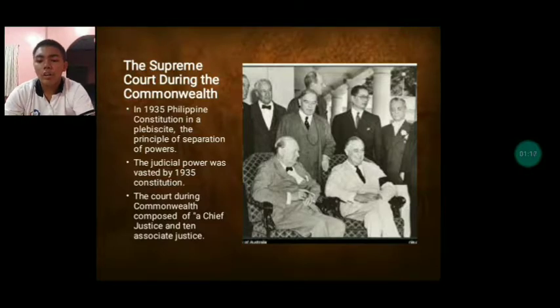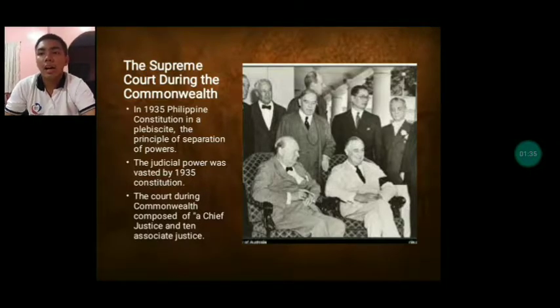The court under the Commonwealth was composed of a Chief Justice and 10 Associate Justices, and may sit en banc or in two divisions unless otherwise provided by law.